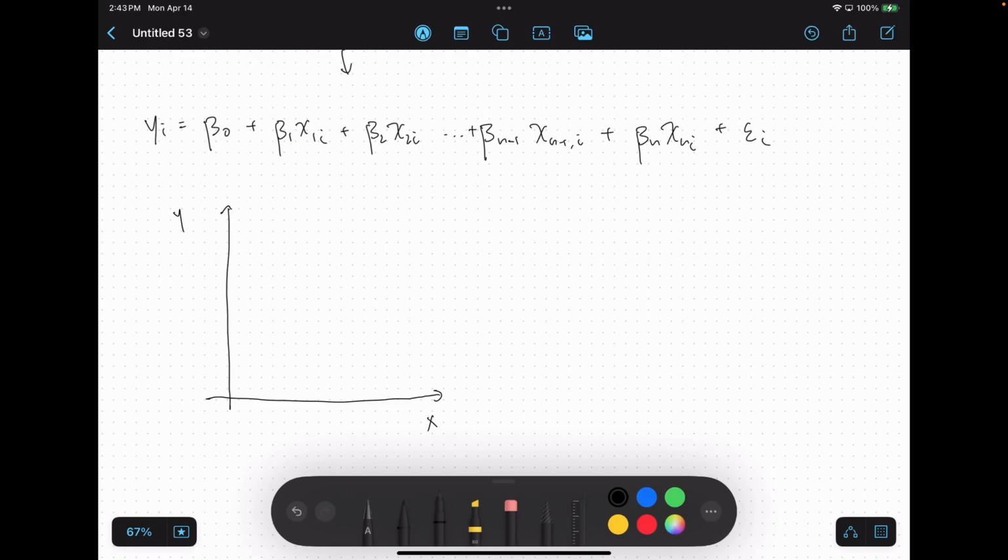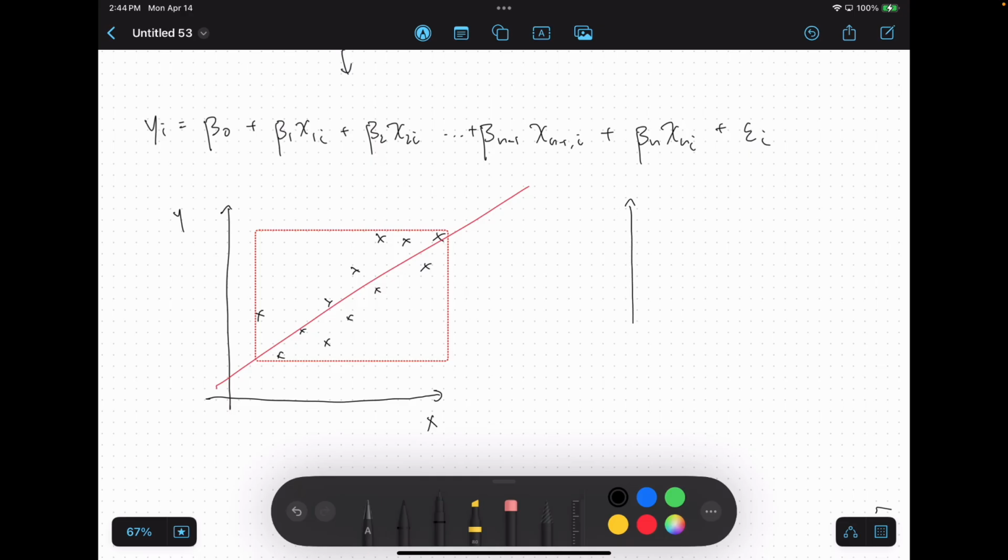Even something as simple as this, we've seen many examples so far, and we run a line through them. As soon as I enter something with more than one explanatory variable, maybe now I'm operating in 3 dimensions. We talked a little bit about what this looks like.